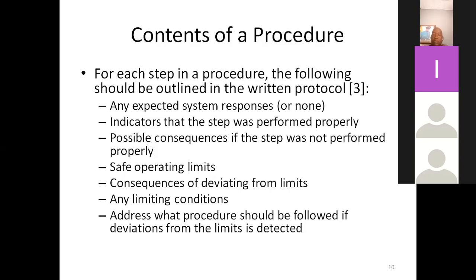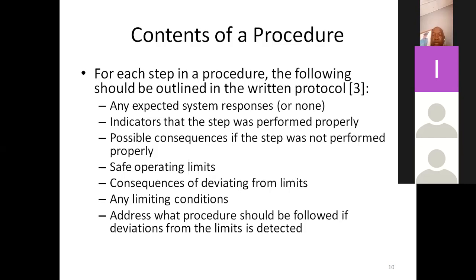And when you deviate from the limit, there'll be a procedure to guide you that you're already going out of the limit. Those are the things you must put in our operational procedure, so that we will know whether we are doing the right thing or not.